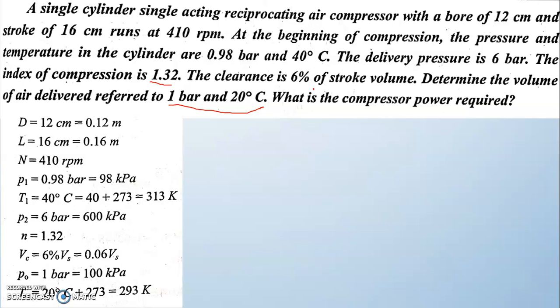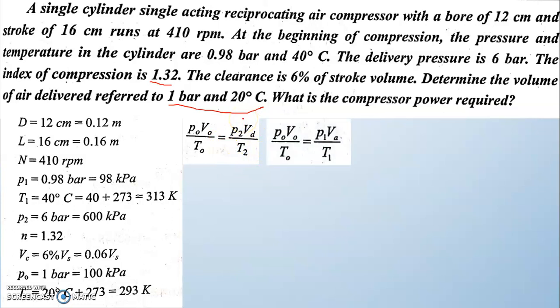First thing, we have to calculate the free air delivered. So we will be comparing the atmospheric condition with the outlet condition or with the inlet condition. You can compare with either one. That is free air delivered, this is the thing they have asked.